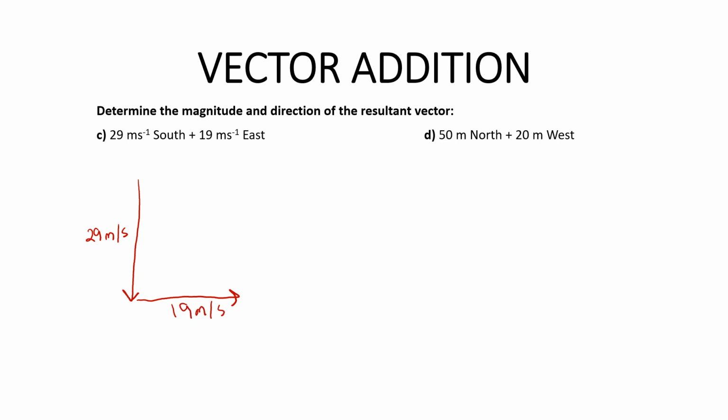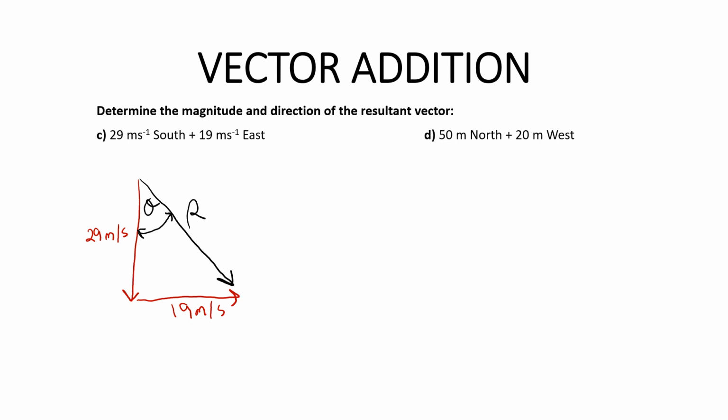So as we can see, I connected the two vectors from head to tail, and the resultant is from the start to the end. So this is the starting point. From the start to the end is my resultant. And we also need to know the direction of this resultant. So in this case, the resultant is starting from here, so we need to find the angle theta.